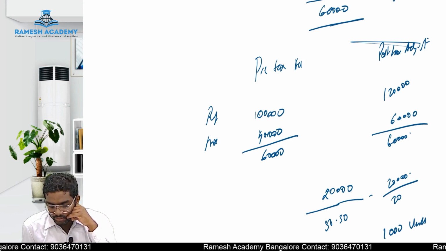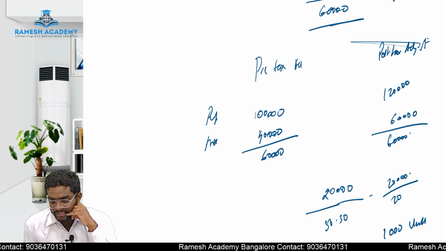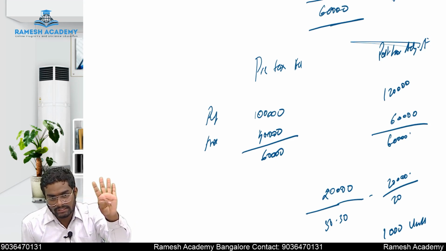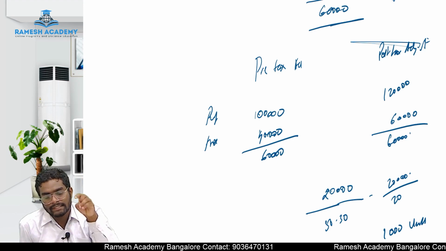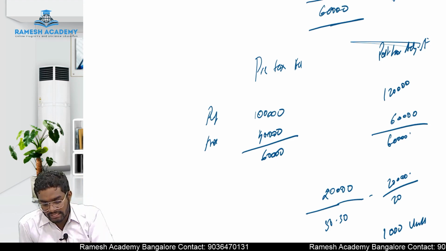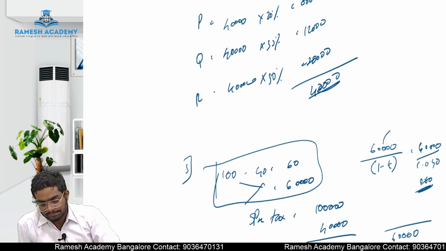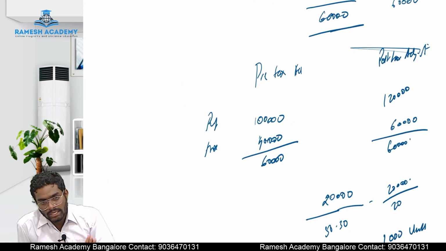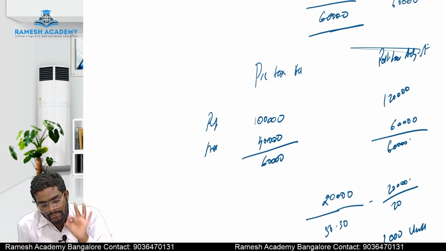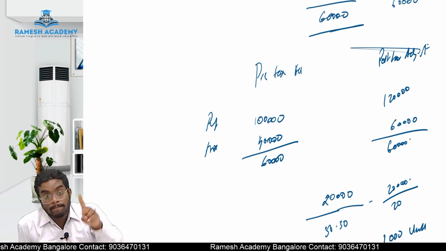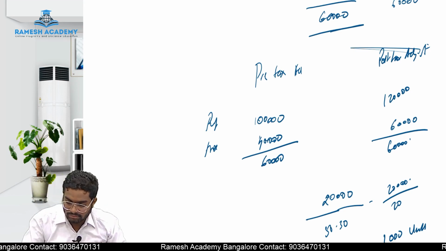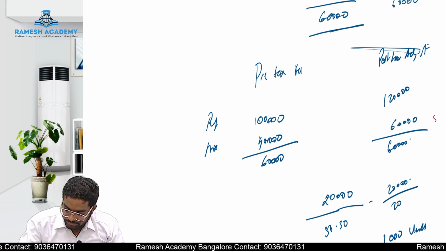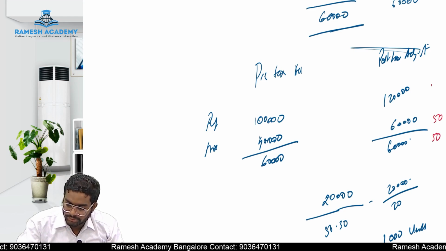I hope you understood. So simple, guys. Earlier it was 40% tax, now it is 50% tax. I calculated the pre-tax profit by reverse calculation and got 1 lakh. Now they are telling that they should earn the same level of profit, which means 60,000, but the tax rate is 50%. So this is 50, this is 50, so this will be 100%.